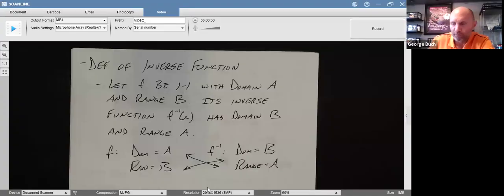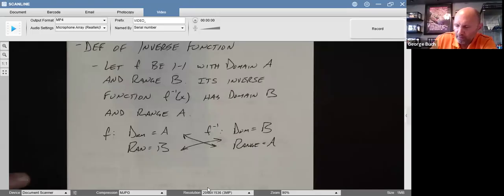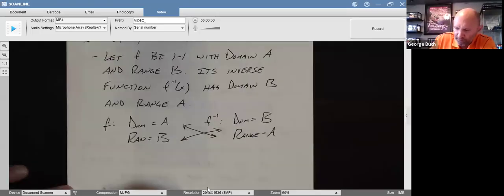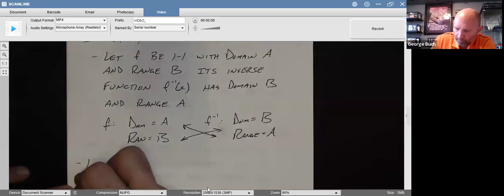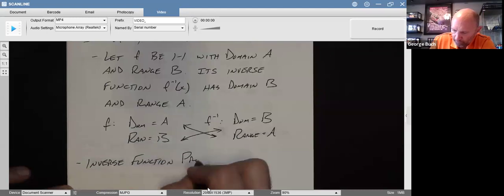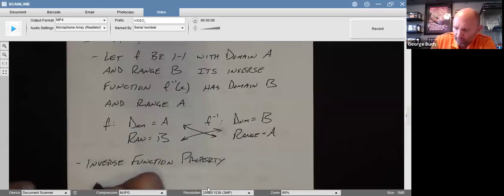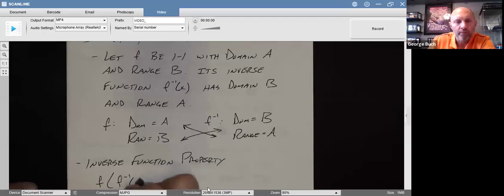Okay, now that we've defined our inverse function and its notation, we have the inverse function property. We have the following: f of f inverse of x is equal to x.